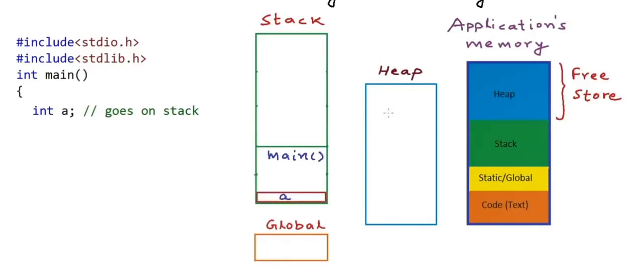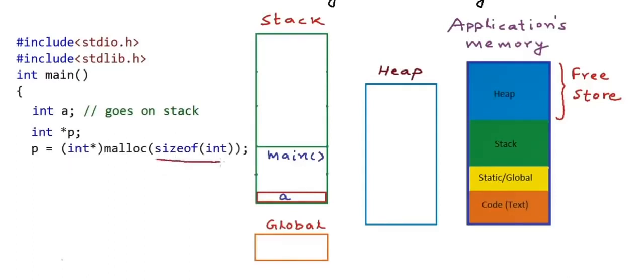Let us say we want to store an integer on the heap. To reserve or get some space allocated on the heap, we need to call the malloc function, something like this. The malloc function asks for how much memory to allocate on the heap in bytes. When we say malloc and pass as argument size of integer, then we are saying that, hey, give me a block of memory which is 4 bytes. 4 bytes is the typical size of an integer.